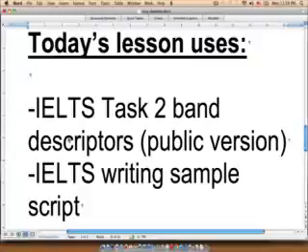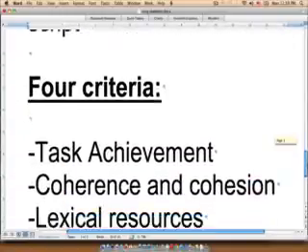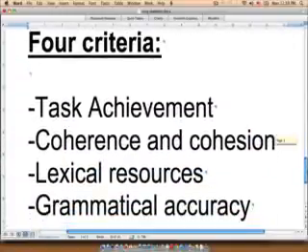So as you know, your IELTS examiner is going to be marking your writing based on 4 criteria. So the first is task achievement. The second is coherence and cohesion.